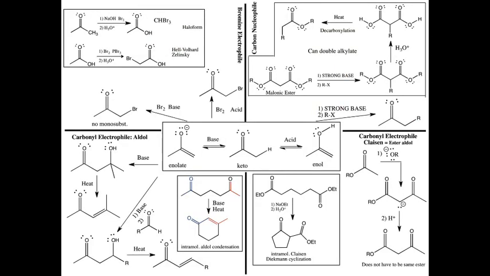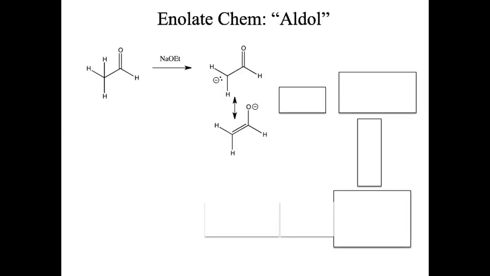This shows a big old summary of all of the reactions with our carbonyl section, which is really getting us to the aldol. I really want to talk through this one. We've already seen some of this. We throw a strong base at a carbonyl compound. We have an acidic hydrogen. It deprotonates. That gives us a nucleophile.